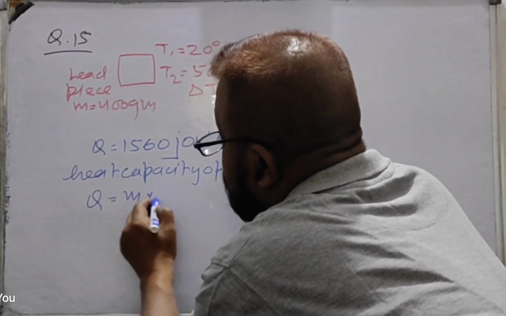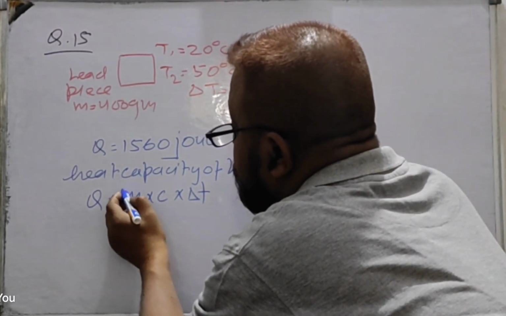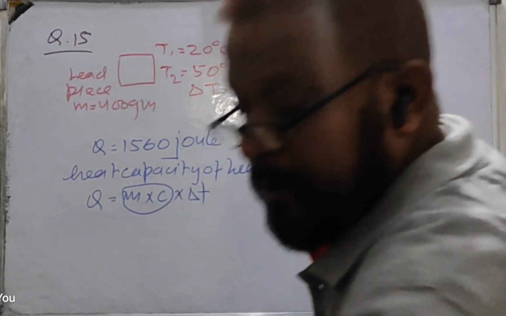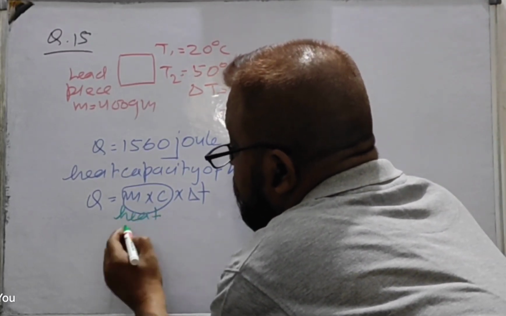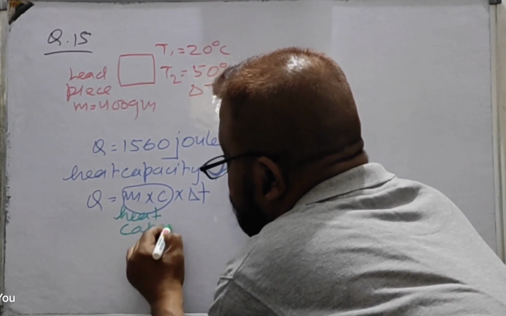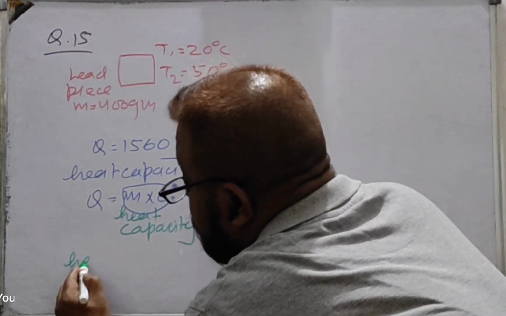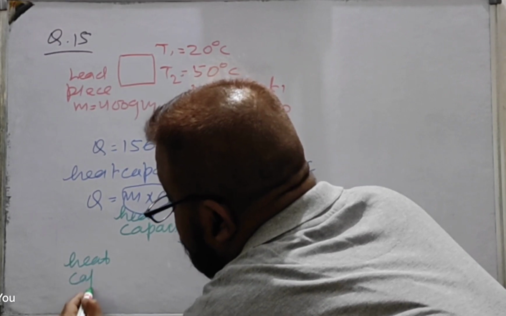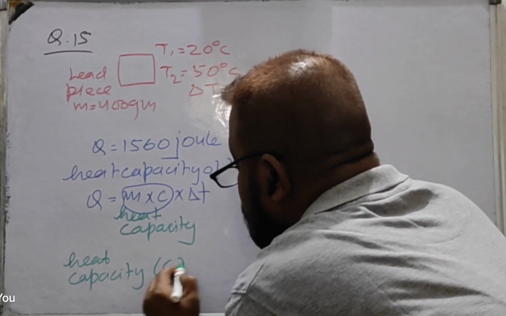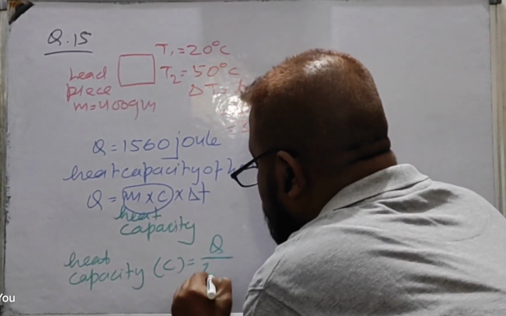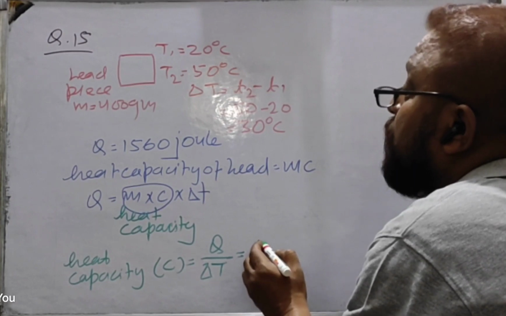Q is m into c into delta T, so the heat capacity m into c is equal to Q upon delta T.